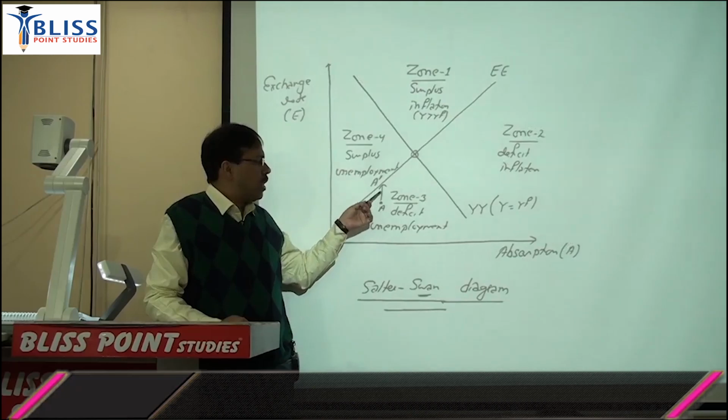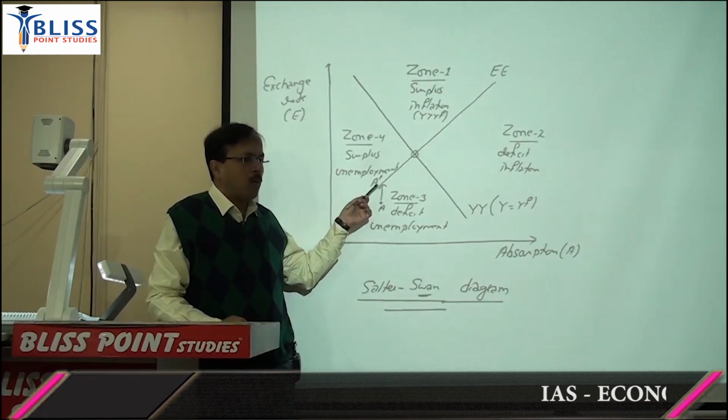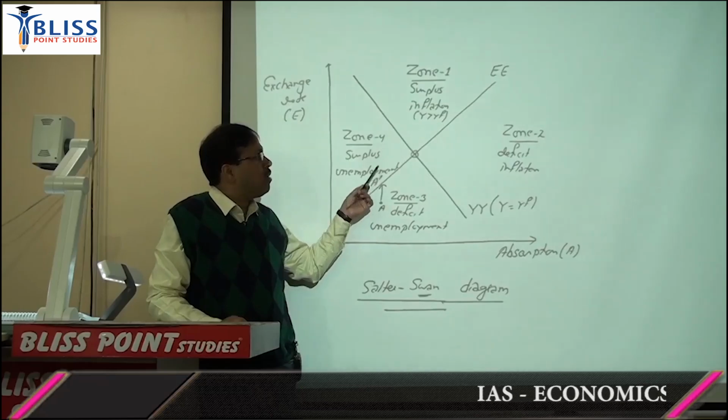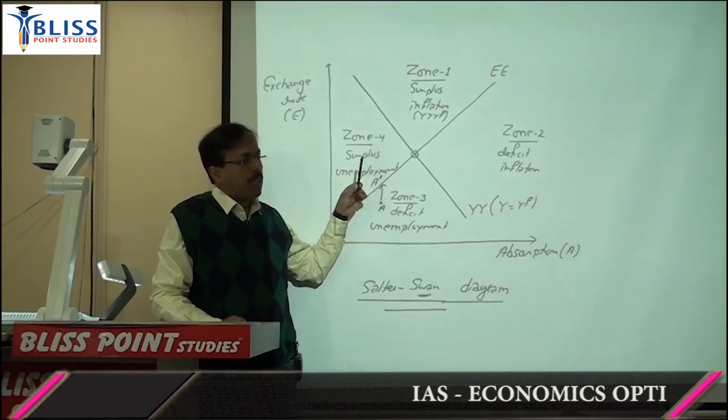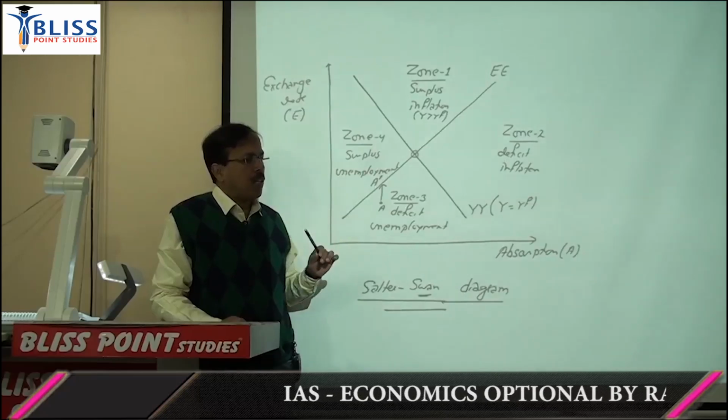Exchange rate. So change of exchange rate by devaluation will lead you to move from point A to A dash, but that point is on the E schedule. So we have an external balance but not internal balance.